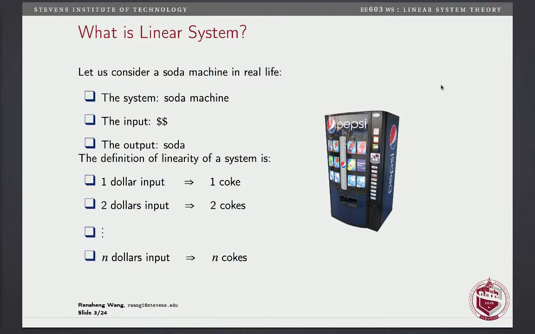Because by the definition of linearity, if you put $1 in, you get 1 Coke, and if you put $2 in, you get 2 Cokes out. So if you put N dollars in, you get N Cokes. That means if you linearly change the input, you will get the same amount of output change. So that's the idea about the linear system.